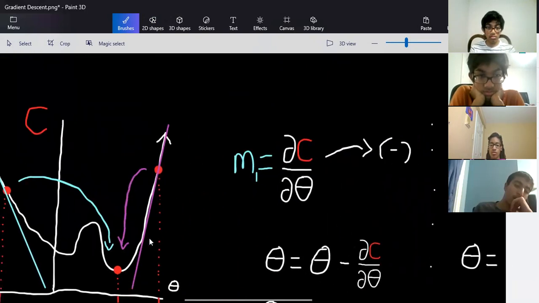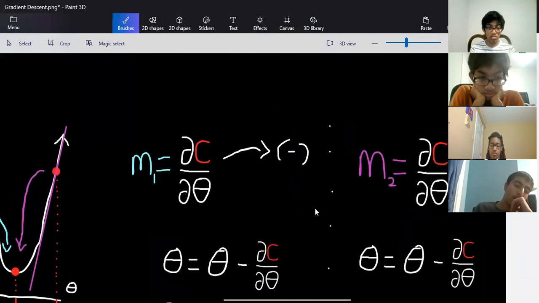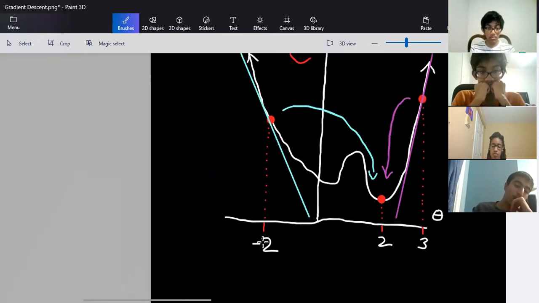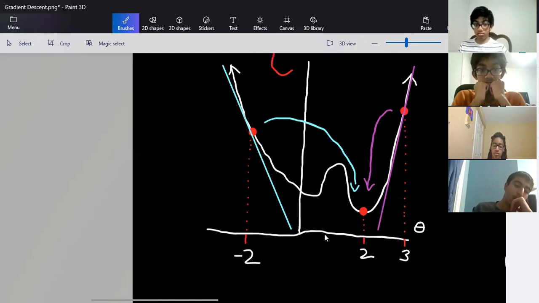So here's what I'll do. I'll just take this. Remember, this fancy notation just means the slope. If this is negative and I subtract a negative, that means I'm making theta bigger, and that's what I want. You see? I want to go from -2 to +2. I want to make theta bigger.